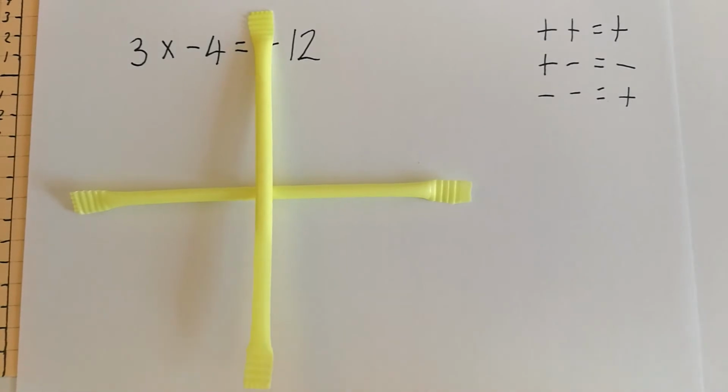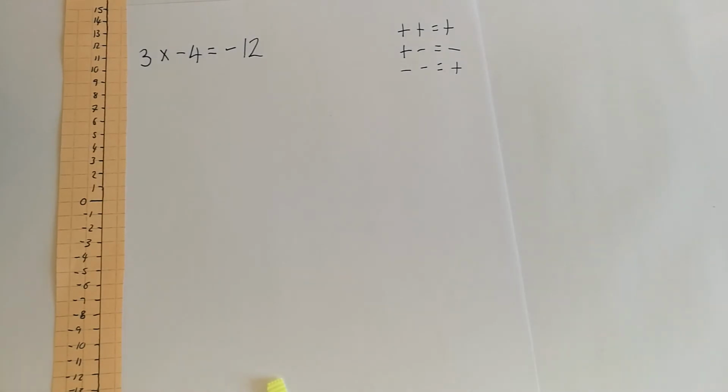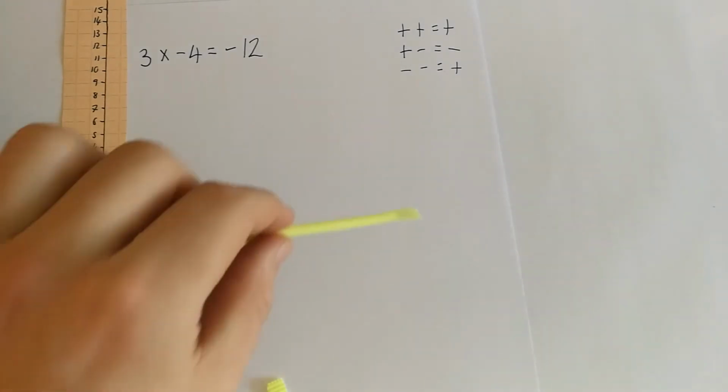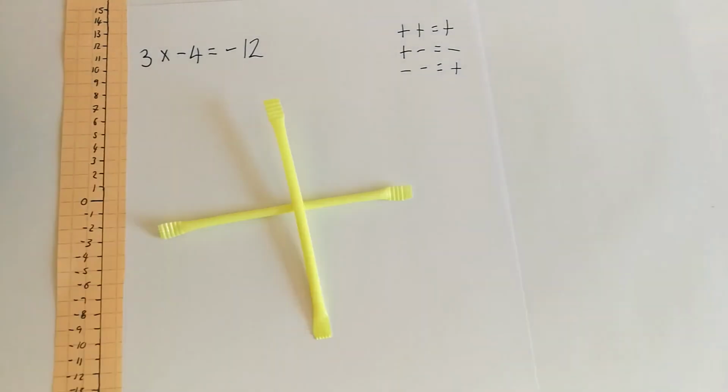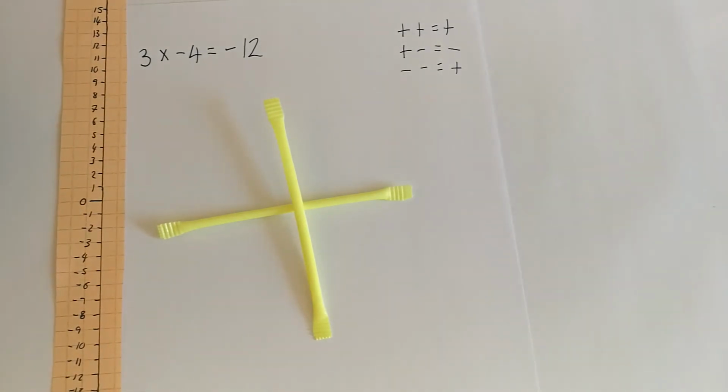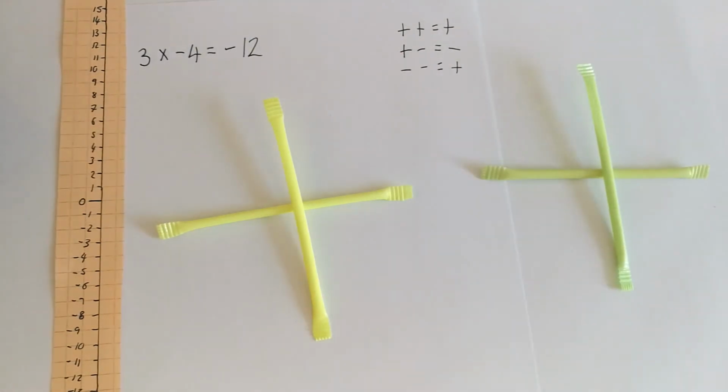I'm going to quickly zoom out now. There we go. So we've got our 2 negatives make a plus. But 3 negatives is a minus, and then our 4th negative makes a plus again.